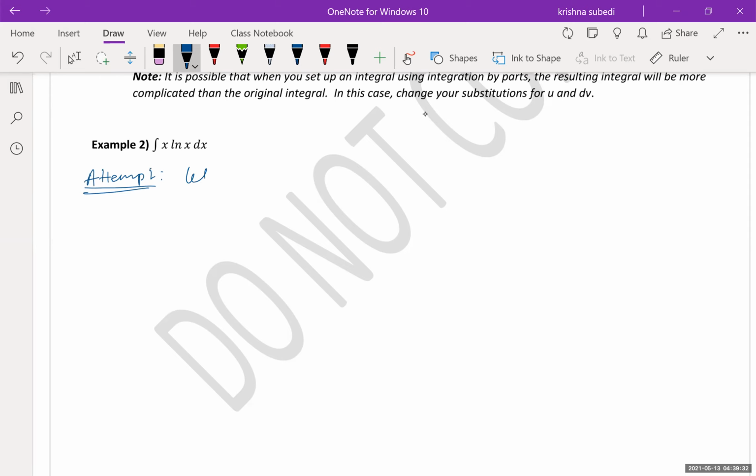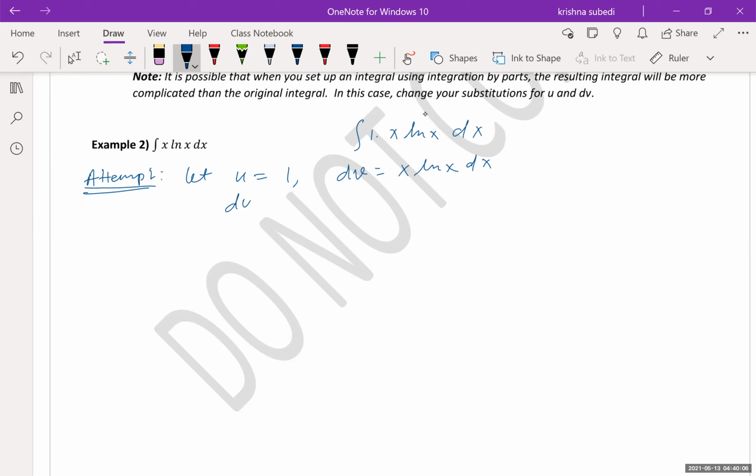Let us suppose that, because remember, I can write this as 1 times x ln x dx. Let us suppose that u equals 1 and dv equals x ln x dx. Okay, let's try this way just for fun. What happens?